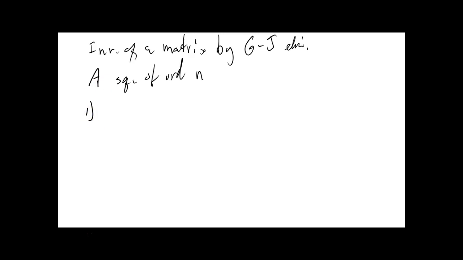Write now an n by 2n matrix. What is that? Well, the n part is your n by n A. So this will be matrix A. Adjoin, that's not the right word for it, augment that, or adjoin that, actually adjoin was right, with the identity matrix of size n. That gives you your n by 2n. You had n rows in A, you have n rows in I. Write them adjoining each other.